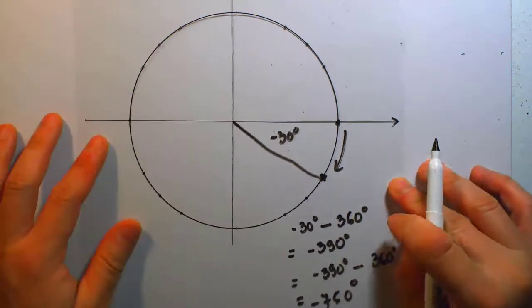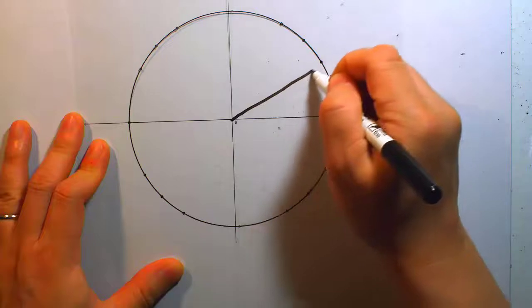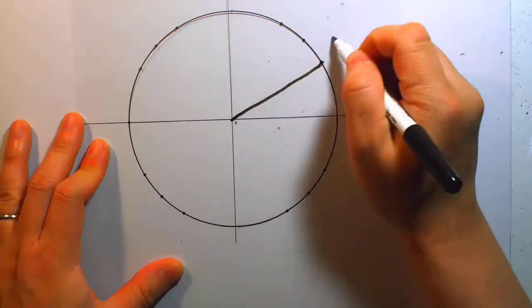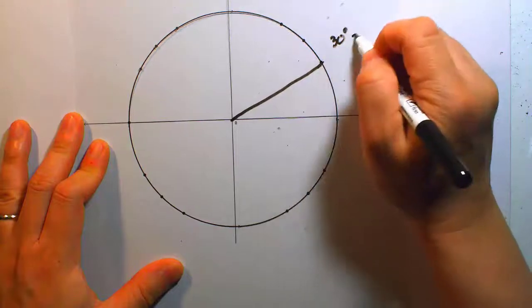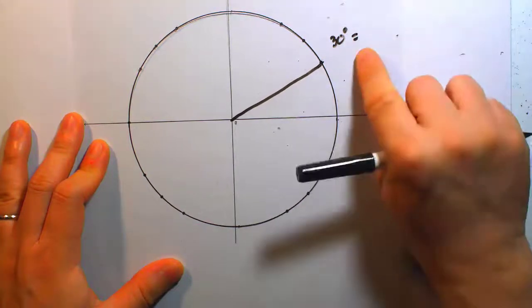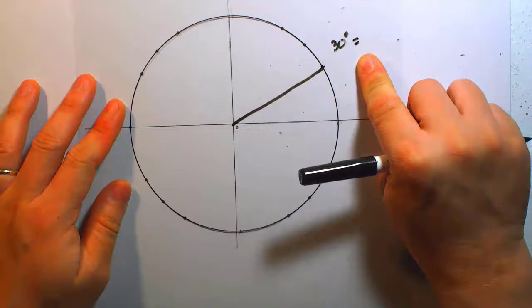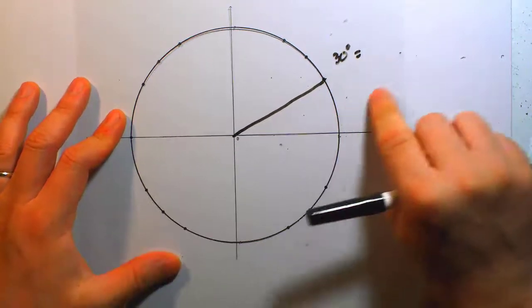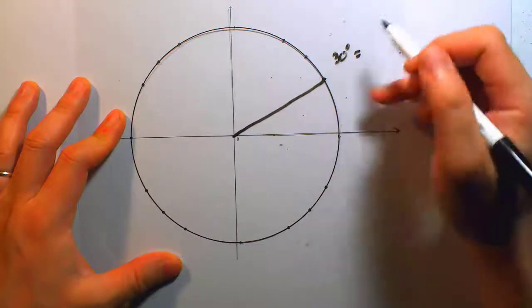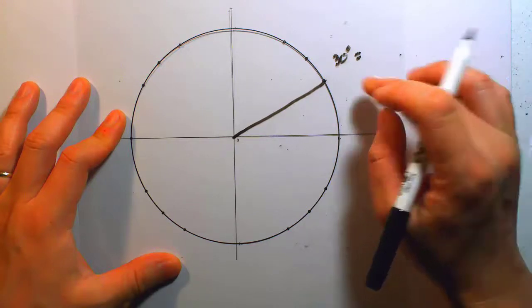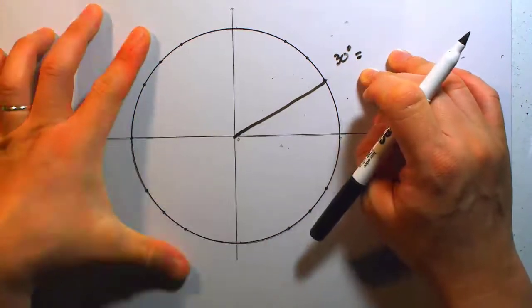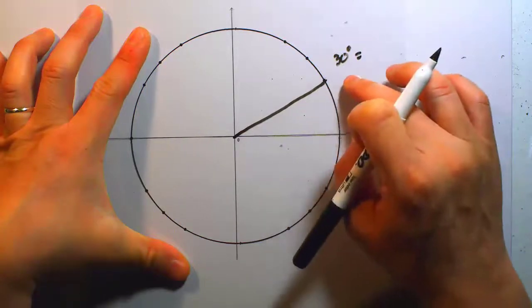Or similarly, right here, you have the angle 30 degrees within one complete rotation. My equal signs here, to clarify, really mean they are angles landing on the same terminal point, but not necessarily the same measurement amount.